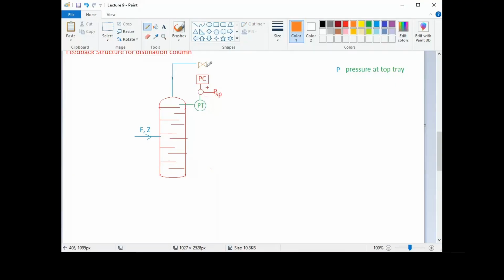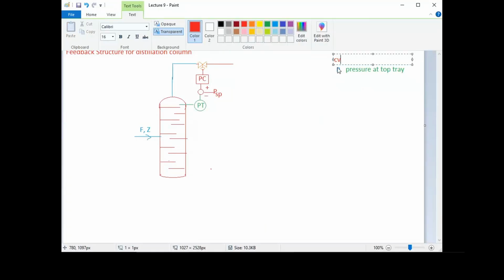So this is the valve, and we have connected this to pressure controller, right? This is the first feedback loop for the pressure, and here the control variable is pressure at the top tray.